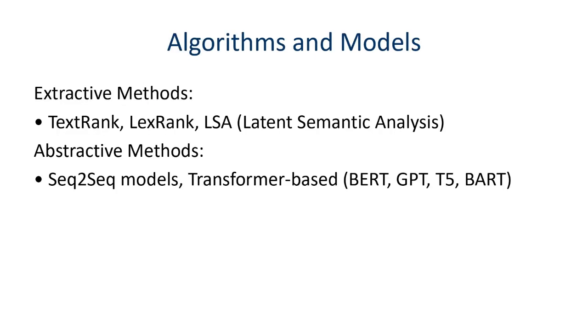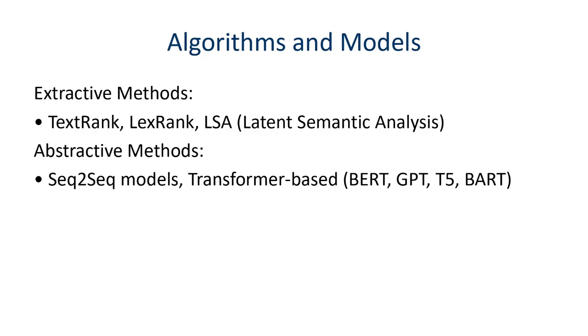Algorithms and models. For extractive summarization, some of the well-known algorithms include TextRank, LexRank, and Latent Semantic Analysis or LSA. These methods rely on graph and statistical techniques to find key sentences.